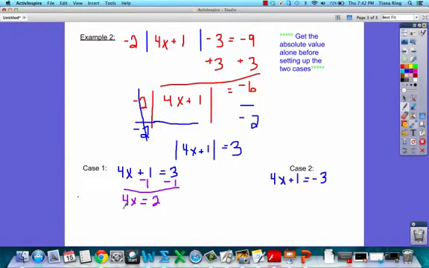Okay, and when you divide by 4, make sure you don't divide by 2. You always want to divide by the number in front of x. Okay, dividing by 4, the bigger number is going to be on the bottom. So don't put 2 for your answer.